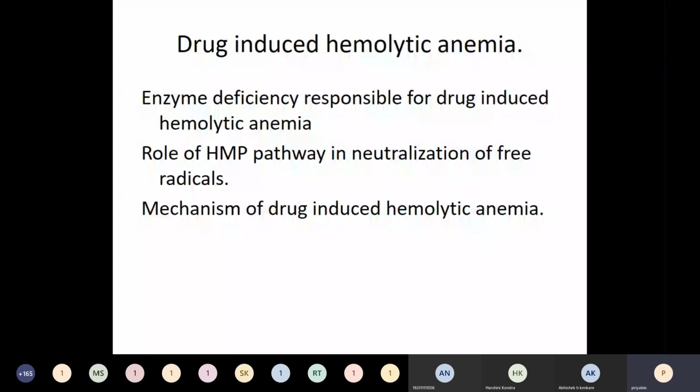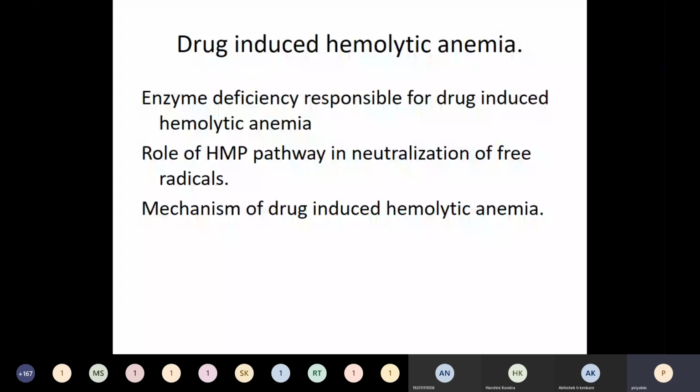So it gives you the overall picture of how the HMP pathway plays an important role in the neutralization of free radicals. If you remember, when we were talking about the HMP pathway, I showed you that hydrogen peroxide has the potential to get converted to free radicals, but this hydrogen peroxide is constantly formed in the body, and you cannot stop it.